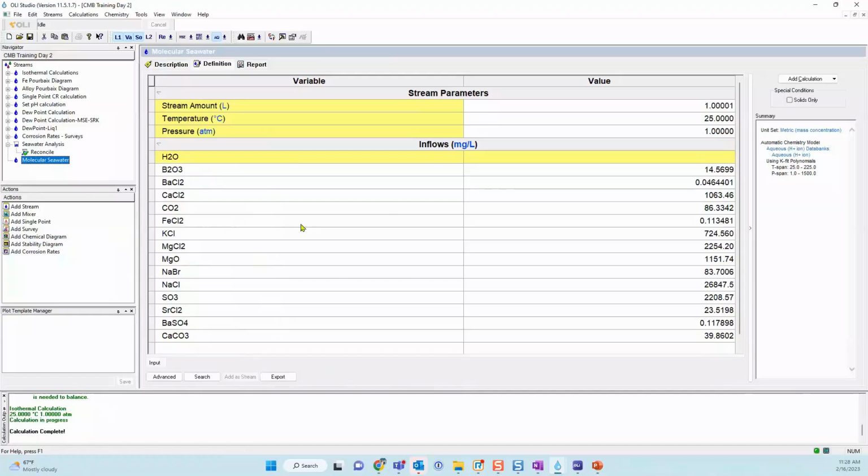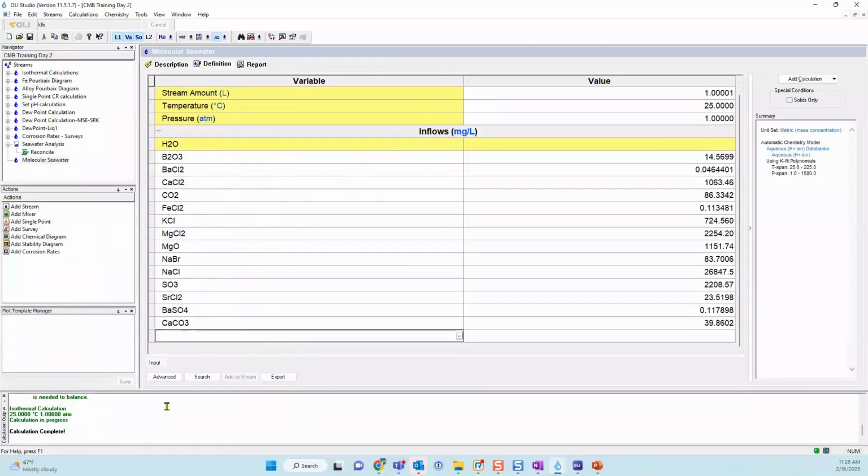So the next step is, notice that in here we don't have any oxygen, right? So under the inflows, we're going to enter the oxygen molecule. And we don't know, in this case, how much oxygen we want to add to this water.